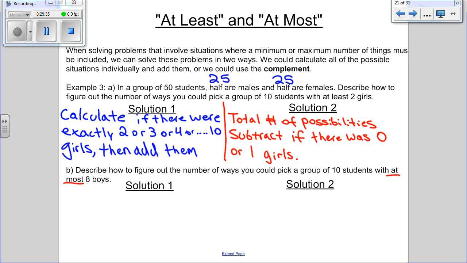So if you wanted to calculate it one way, you could definitely do all those situations. You calculate 0 to 8 boys, each one of those, and then add them up.